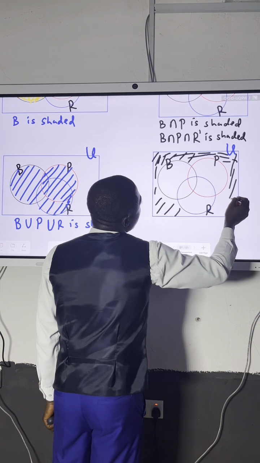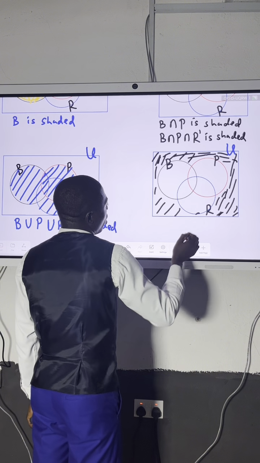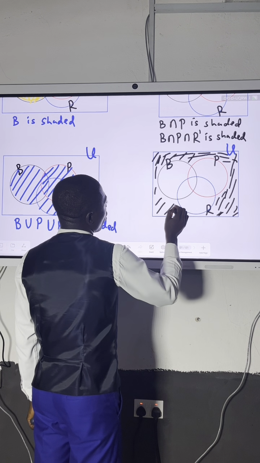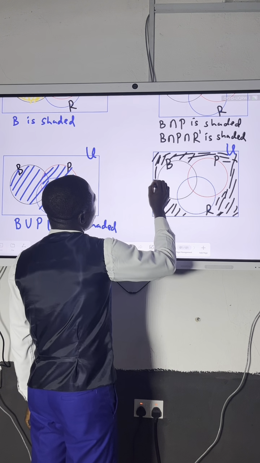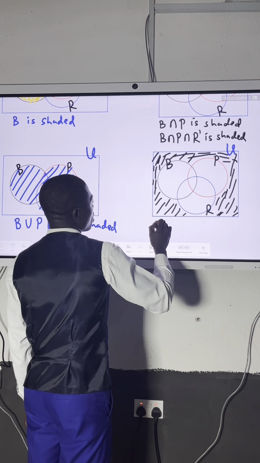Shade without entering any of the sets. Alright, so the shaded portion can be described as what?